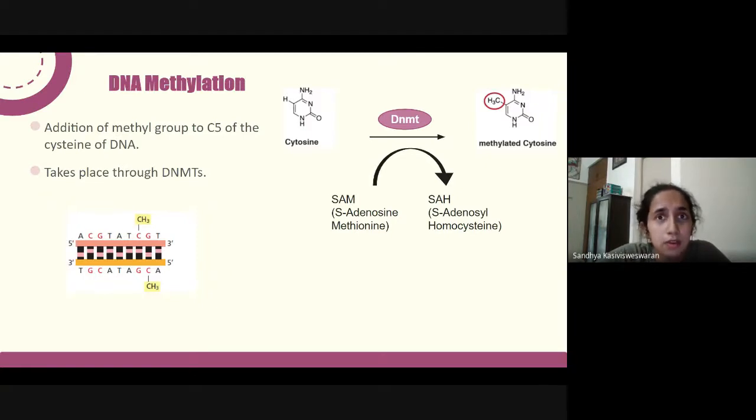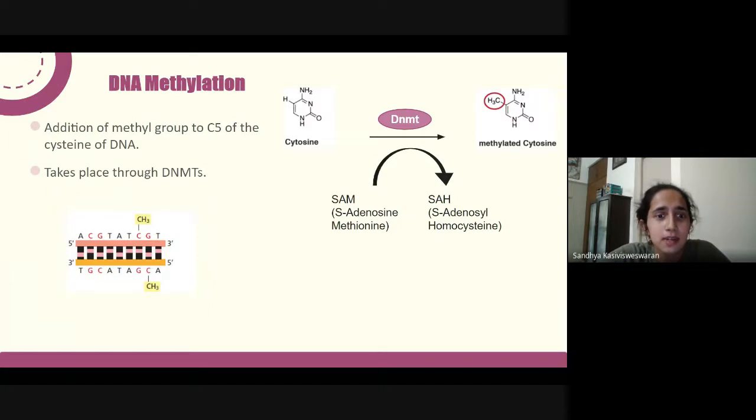And this is important because any change that happens in epigenetic modifications in one cell of your body, what is the point of that change if it cannot be propagated to the other cells of your body? It has to be propagated every time your cells split or every time your DNA multiplies, which is mainly during cell division.